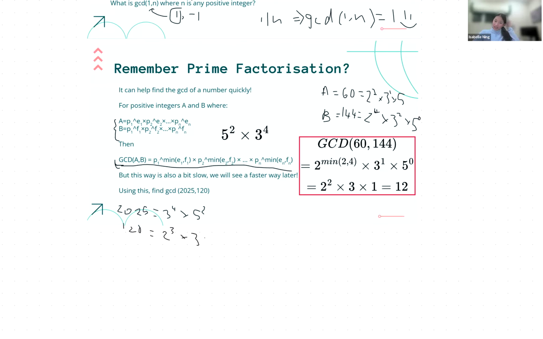And then we just look for the common factors, and you end up with 3 times 5, which equals 15.